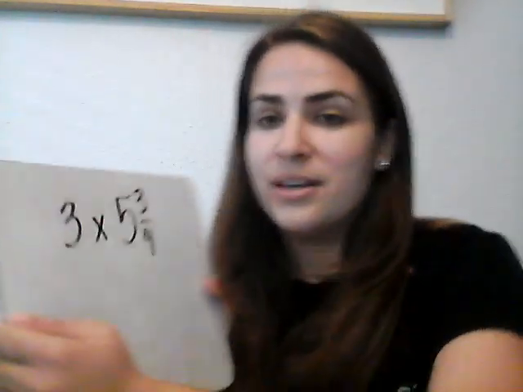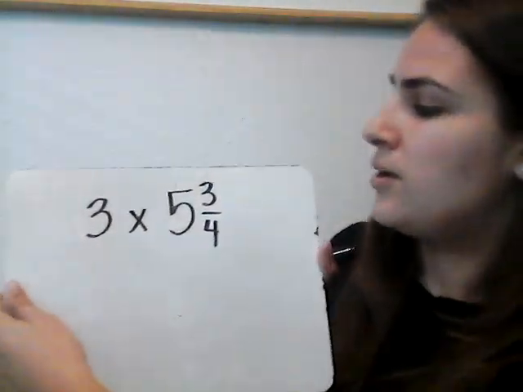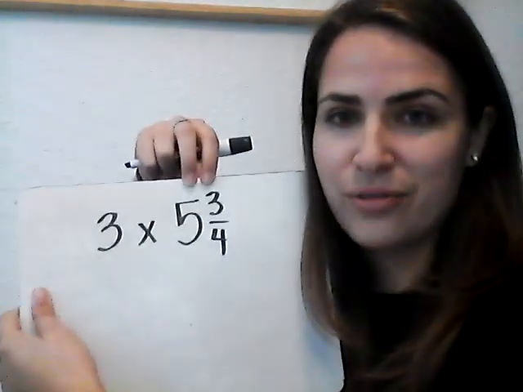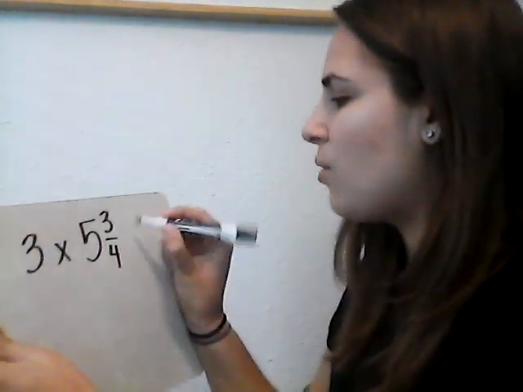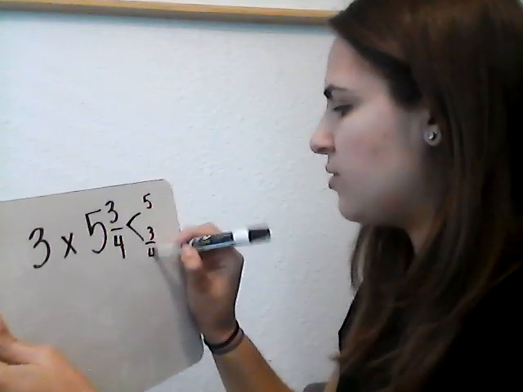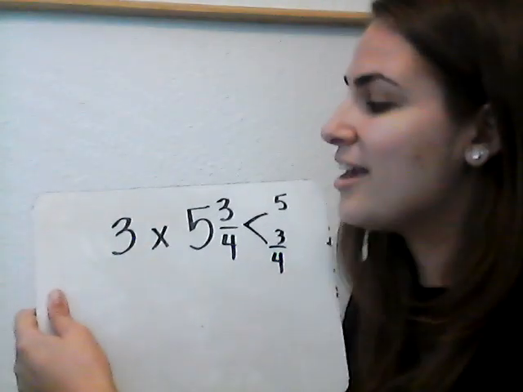Alrighty. So if we were to tackle this problem, the first thing we want to do is remember in the distributive property, we want to break up 5 3/4 into its whole number and fraction. And this is going to help us to multiply.